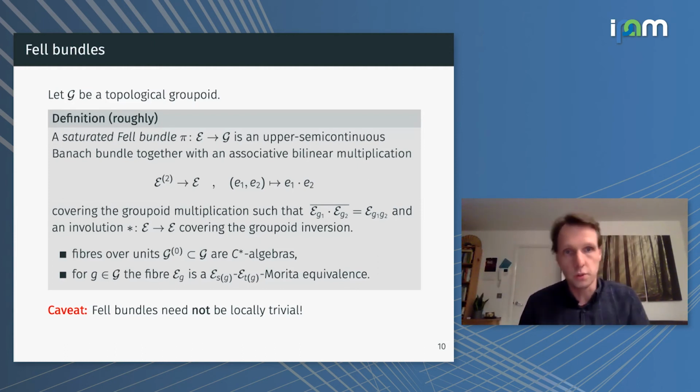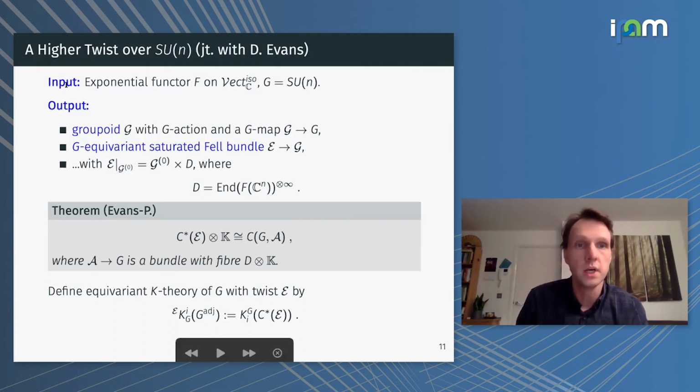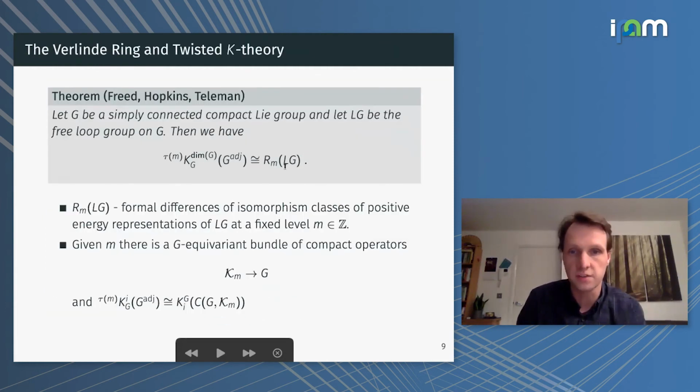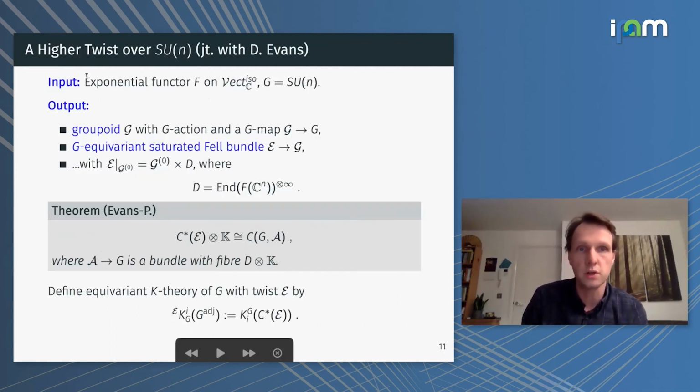So in this joint work with David Evans, what we did is the following. We have a construction that takes as an input, instead of the level here, instead of this integer, what we call an exponential functor f on the category of vector spaces. I will say on the next slide what this is.